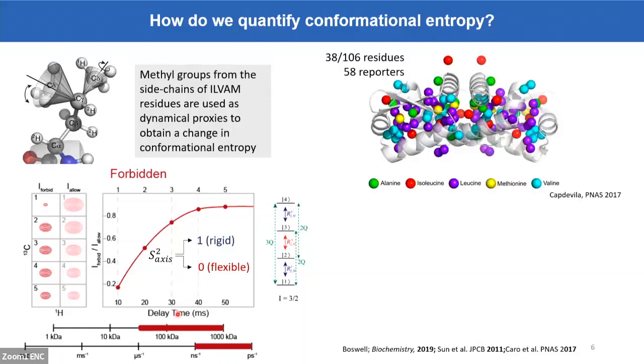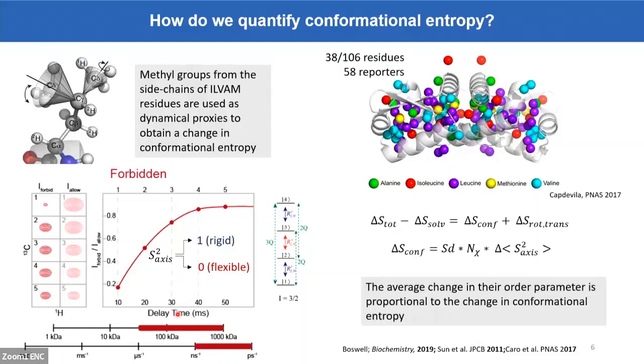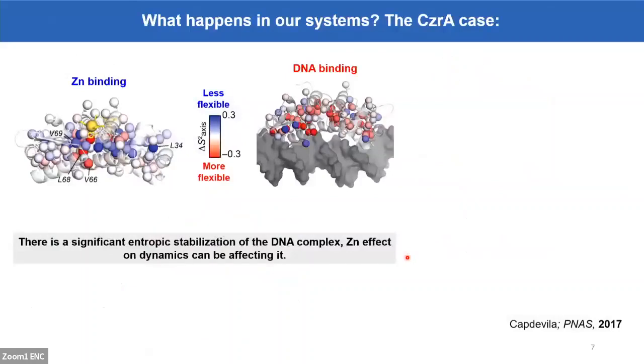So again, what we are doing is using methyls inside the protein as dynamical reporters of the conformational entropy, because it has been shown that the average change in this axial order parameter is proportional to the change in the conformational entropy of a protein between two states. So what happens in our system?